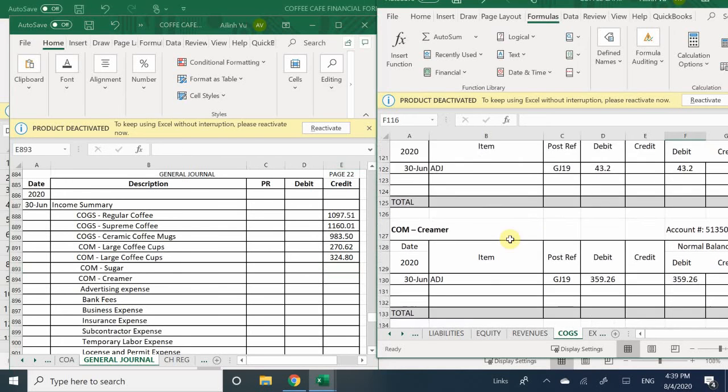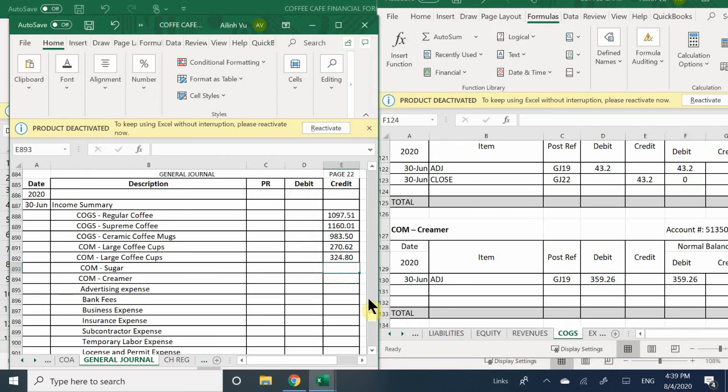Next thing that we're going to zero out is going to be our cost of goods sold for sugar. And it is for $43.20. So there you go. We're going to zero that account for $43.20.